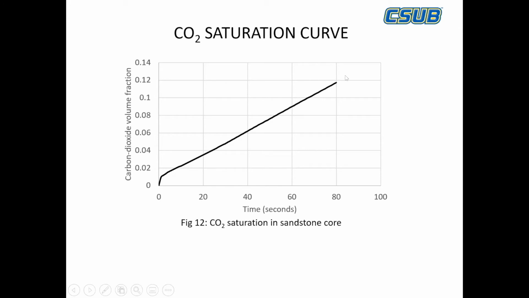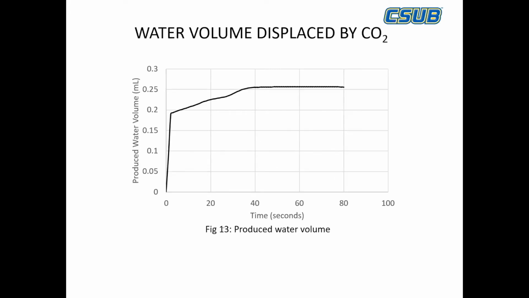because eventually it has to approach 1, right? Because it would drive out all the water that you have inside of the sample. This is the water volume that's being displaced. Now, this is instantaneous. This is a function of time. So at time t equal to 0, no water was displaced. At time t equal to 1 second, the water that's been displaced is close to about 0.2 ml.